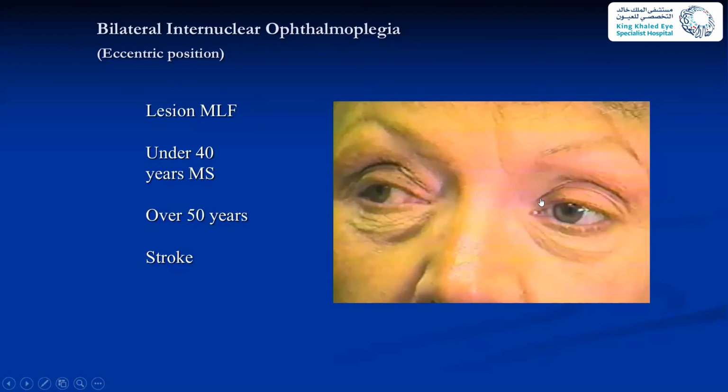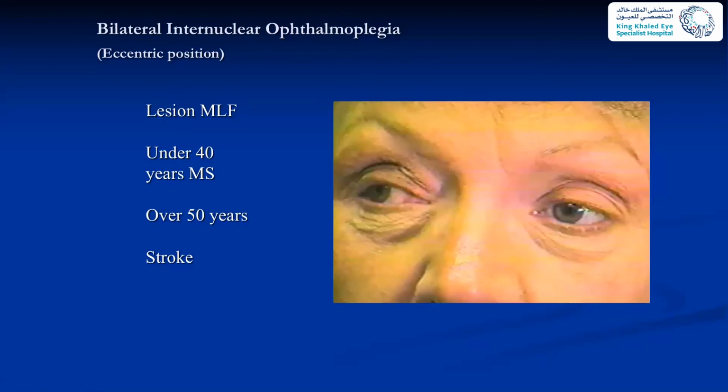If it usually happens under age 40, we have to consider and rule out multiple sclerosis, while if it happens after 50 years old, and usually bilateral, it's secondary to stroke.